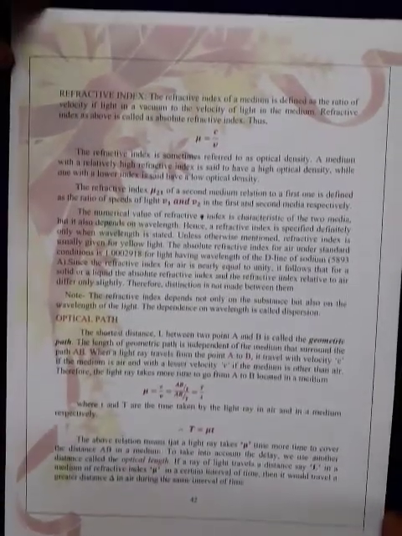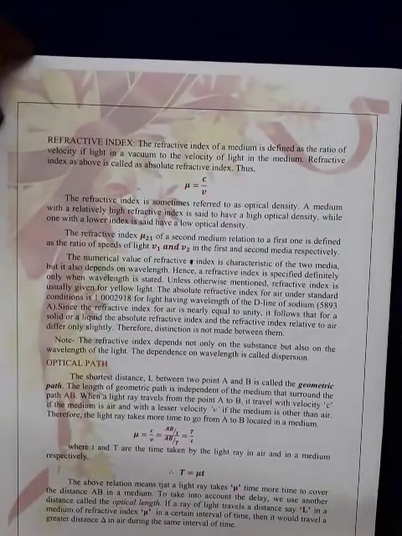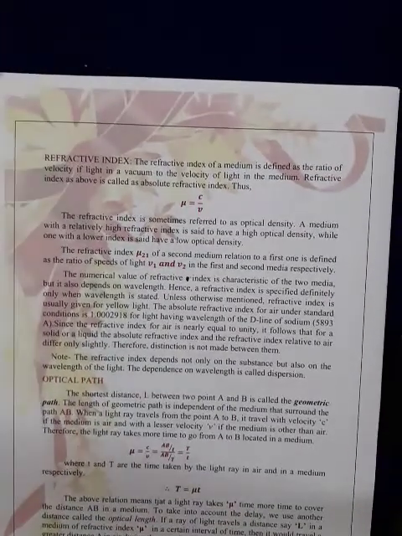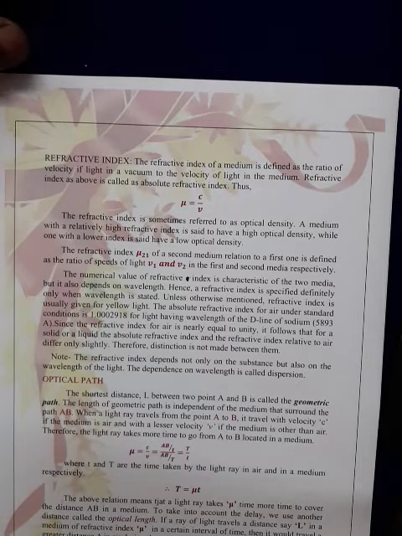Now let us go to the refractive index. What is the meaning of refractive index? The refractive index of a medium is defined as the ratio of the velocity of light in vacuum to the velocity of light in the medium.